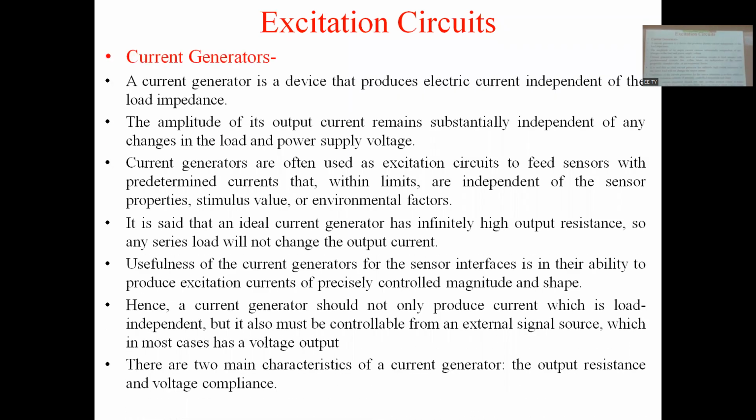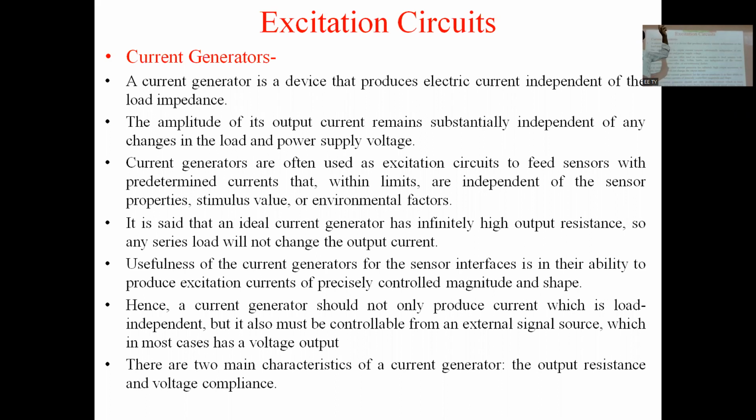So the first one is the current generator. What is a current generator? It is the excitation signal provided to the active sensor; active sensors are used for this. A current generator is a device that produces electric current independent of the load impedance.